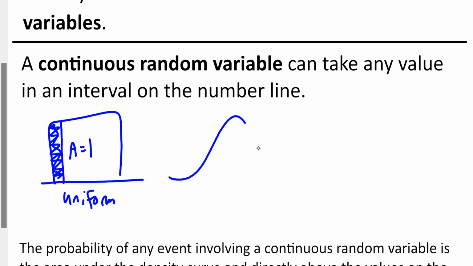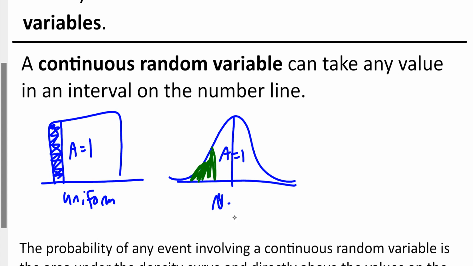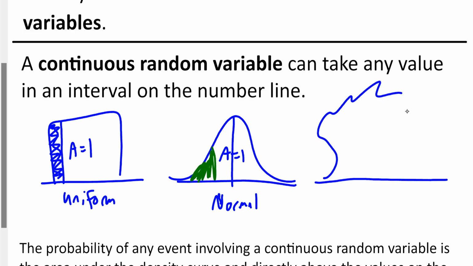Now, we talked about normal curves, where, again, the area still equals 1. But we would find a chunk of it using what we learned about normal or approximately normal curves. And we've also learned about anything else. It doesn't matter what the shape is, whatever it is, it's still going to be 1, and we have to figure out for a certain range.